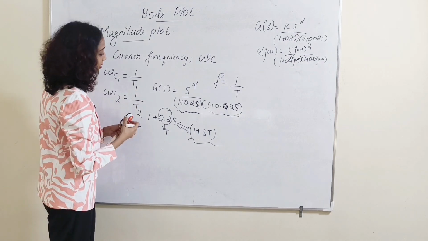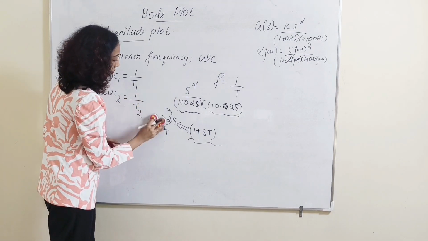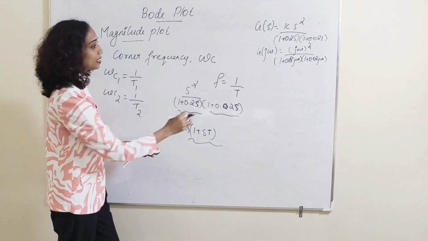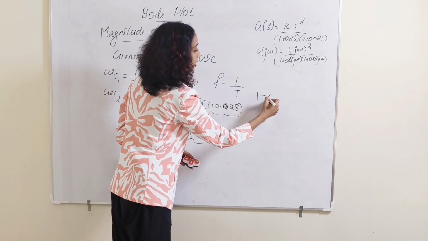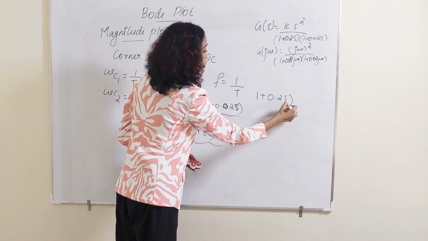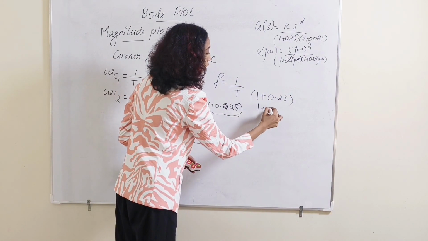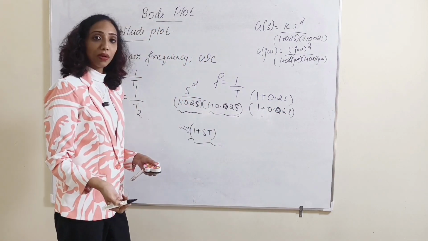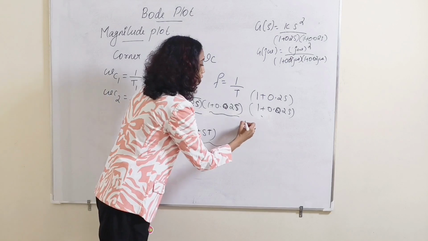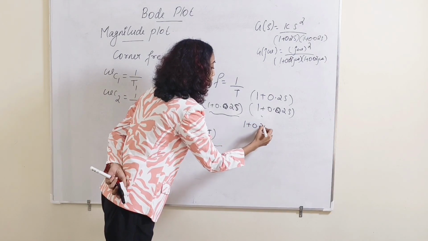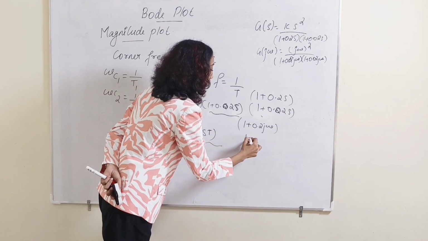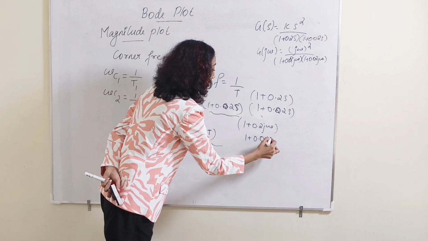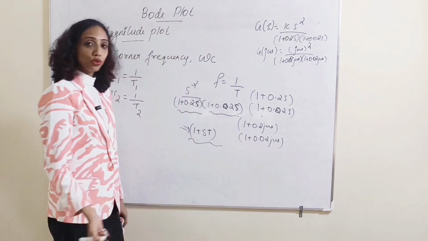So, what is 1 by T1? The terms are 1 plus 0.2 s and 1 plus 0.02 s, or in the frequency domain we can write 1 plus 0.2 j omega and 1 plus 0.02 j omega.